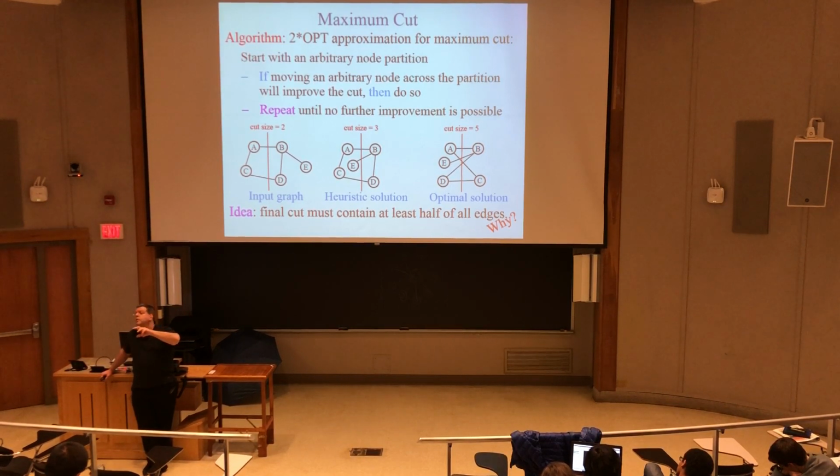So for every node, it has more neighbors across the cut, which means of that node's degree, there are more edges going out of that node crossing the cut than going straight to the same part of the cut. Which means for every node in the graph, that's true. And at least half the edges of the graph now are crossing the cut.